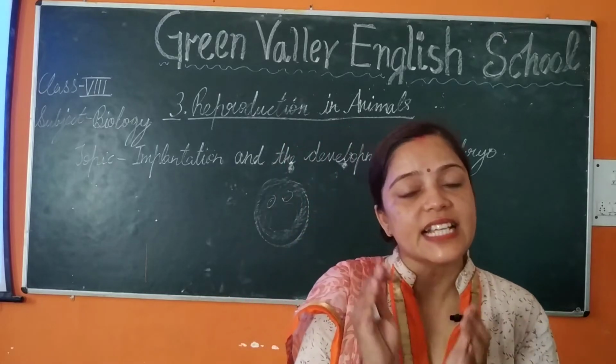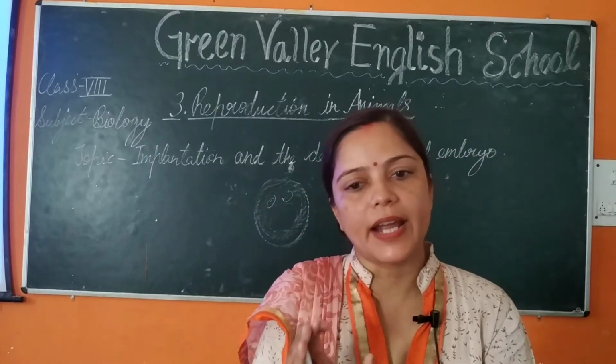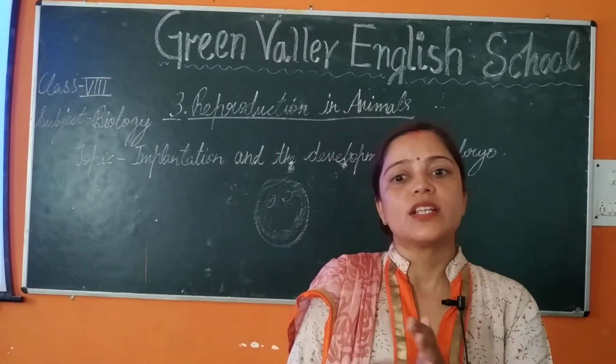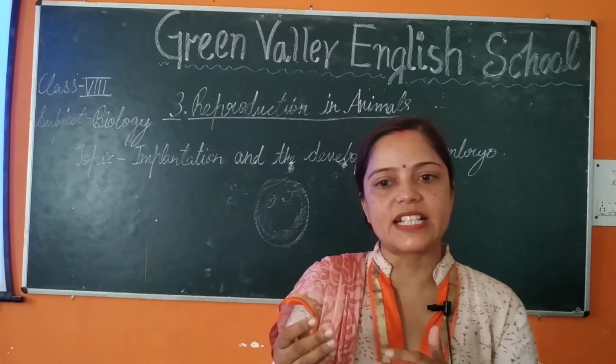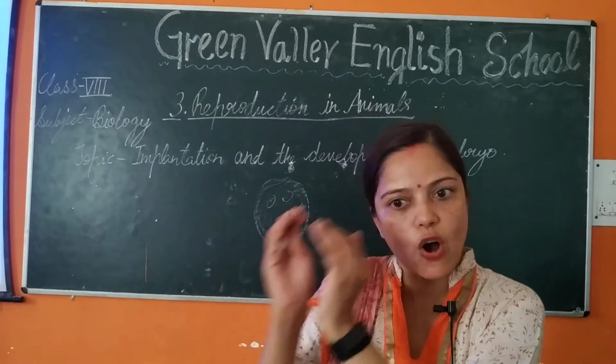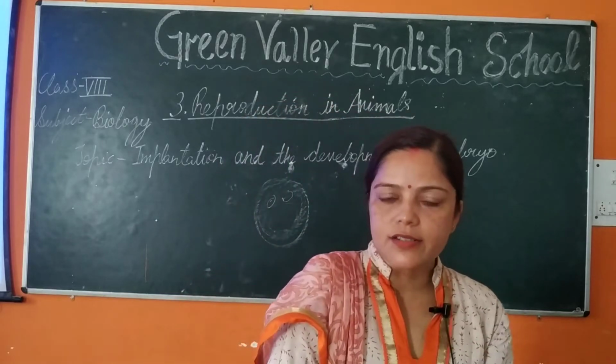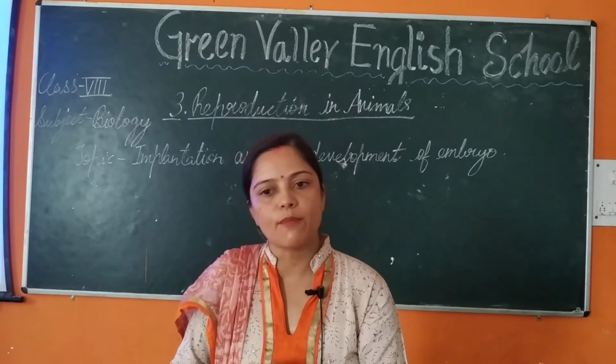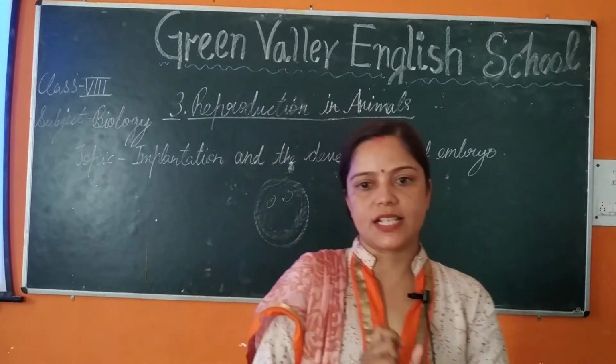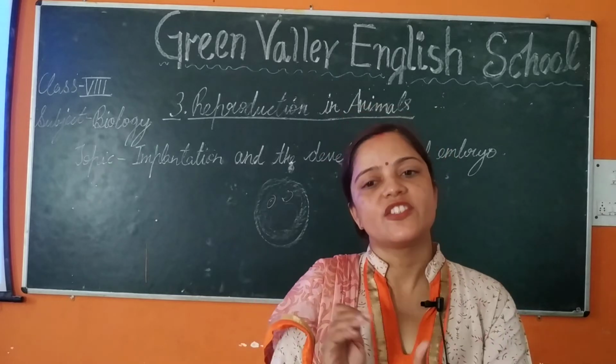This state is called pregnancy. Okay, now the cells begin to form groups that develop into different tissues, organs and organ systems of the body. This process is called differentiation.